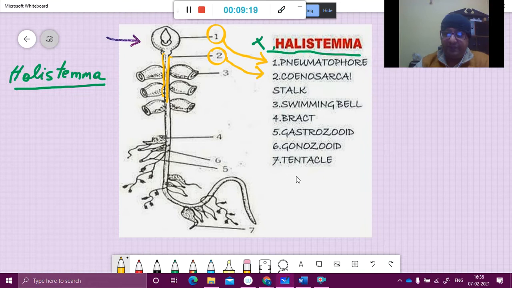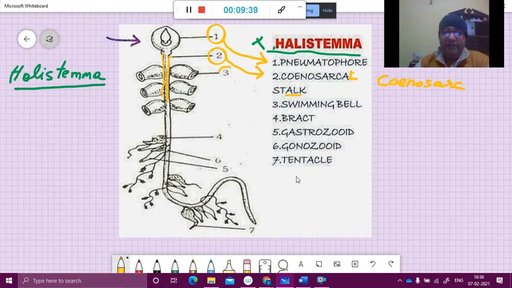So the stem basically is known as the Siphosome. They are writing it as Siphonophore stalk or stem.